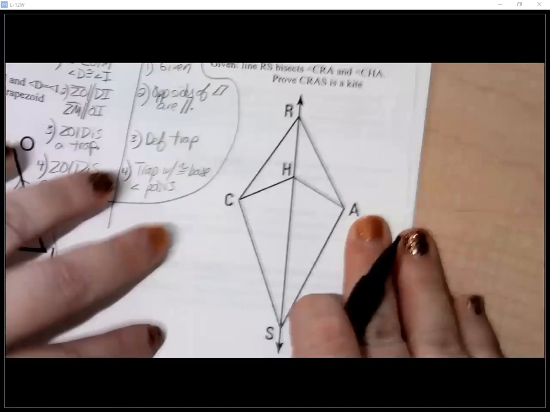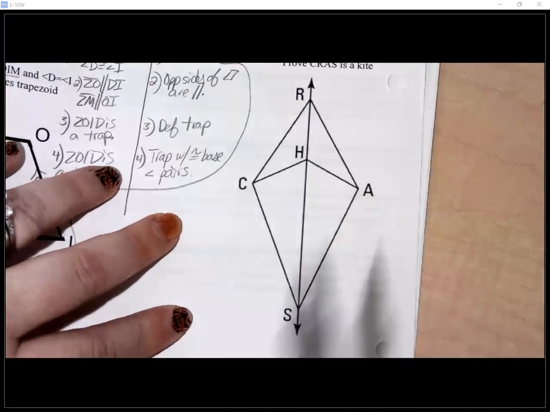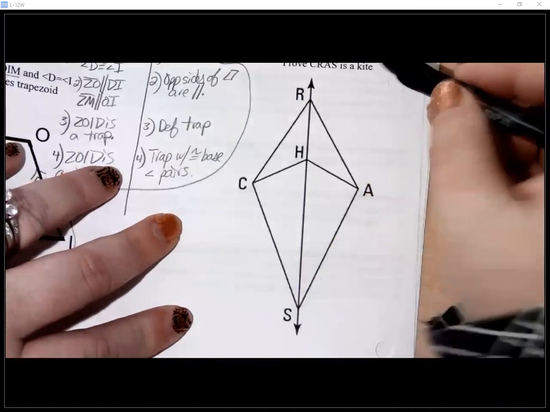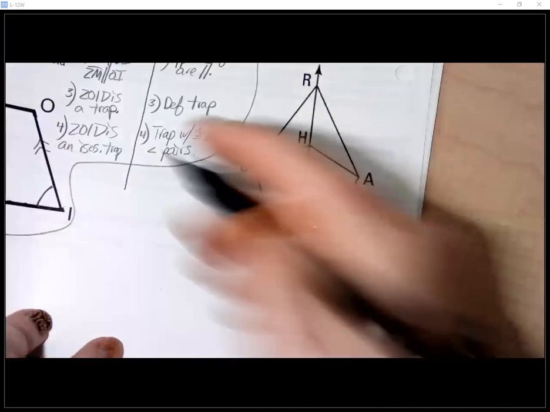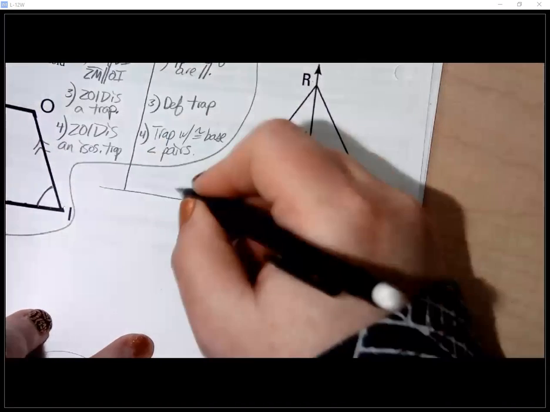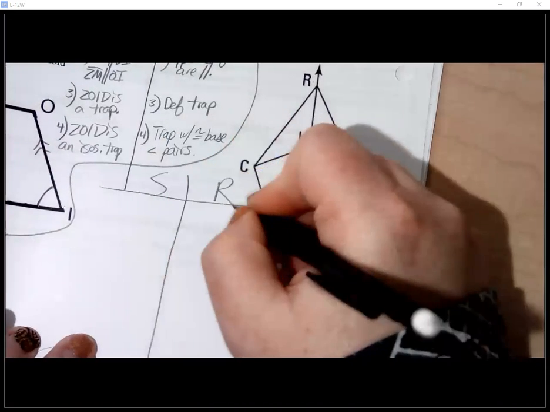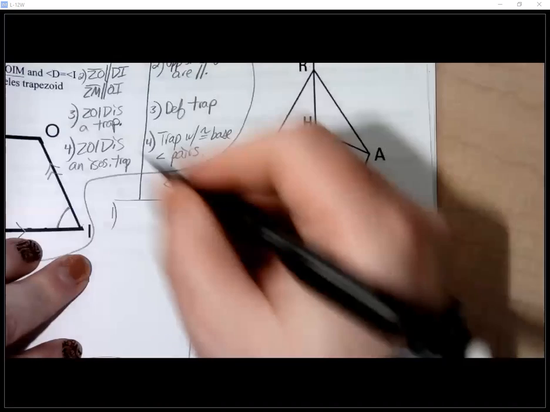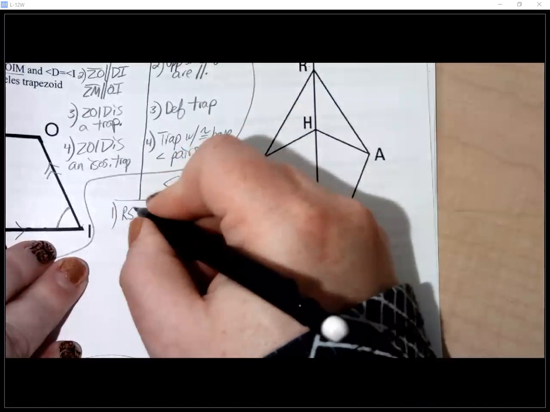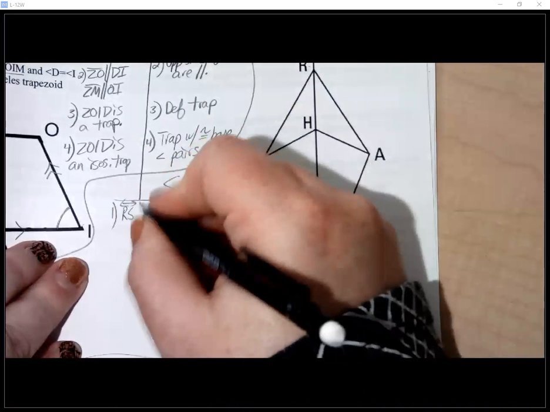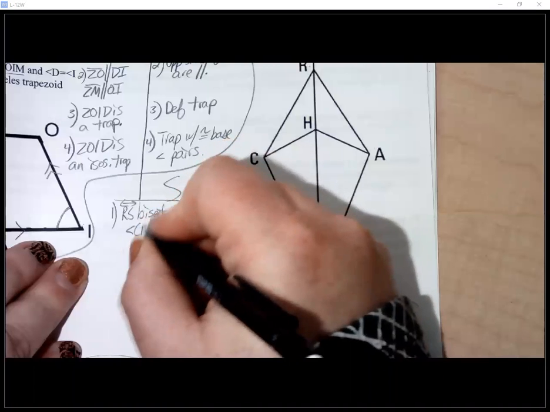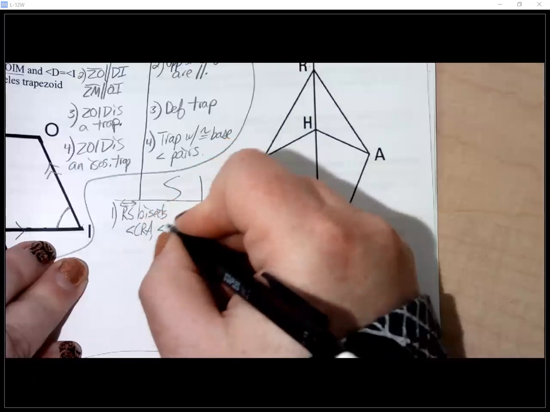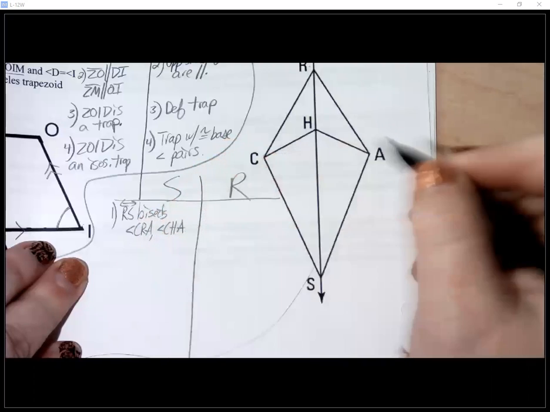We have one line that's bisecting two angles. I'm supposed to prove that CRAS is a kite. RS bisects angle CRA and CHA. All right, that's all I'm given.